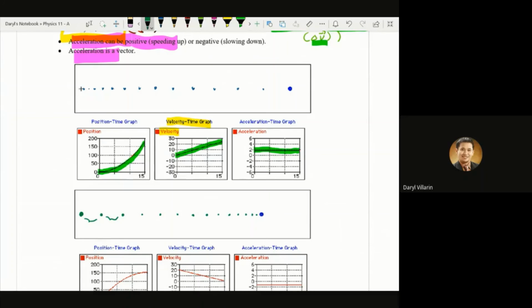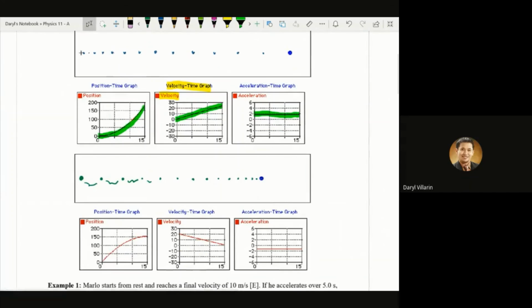If you graph the position against time of this object, you'll get this particular graph, something like this. And you can verify that one. Again, the slope, or the instantaneous velocity, of the position time graph is given by the tangent lines.